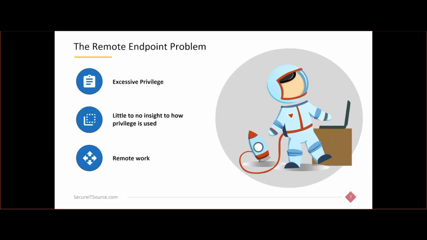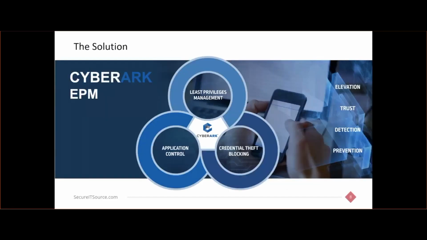So if that's the problem, let's see how CyberArk's EPM addresses the solution, right? I brought up that excessive privilege is a major issue on our laptops. Just having admin rights is kind of crazy these days. So what CyberArk EPM attempts to do is really three things, and we'll go through each.